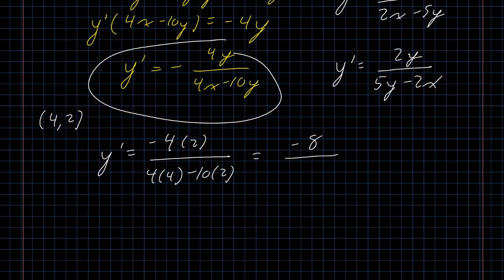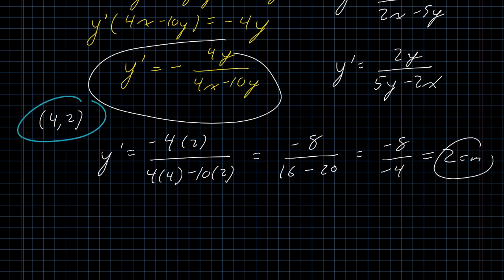So we've got negative 8, we've got 16 minus 20, which is negative 8 over negative 4, which comes out as positive 2. All right, so we've got our slope.